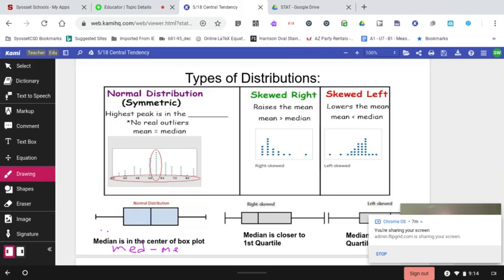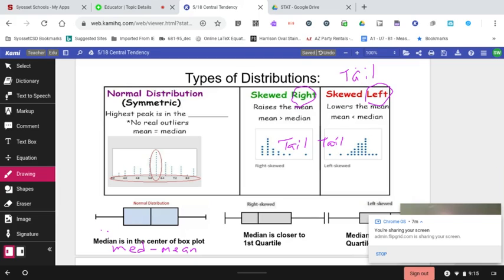Skewed right, the tail would be here to the right. All the data would actually be pushed left. Skewed left, the tail is to the left. All the data would actually be pushed right. So remember, the skew is where the tail is. The tail tells you where the skew is.